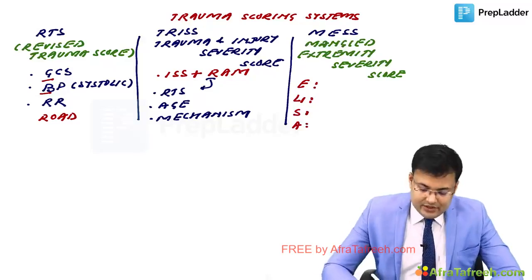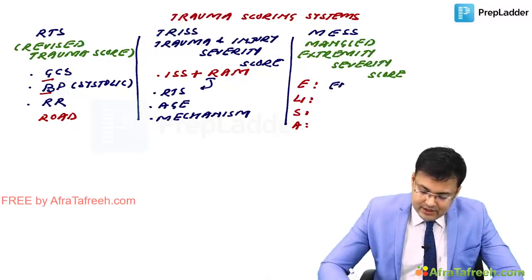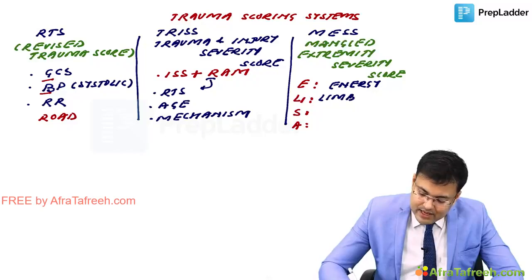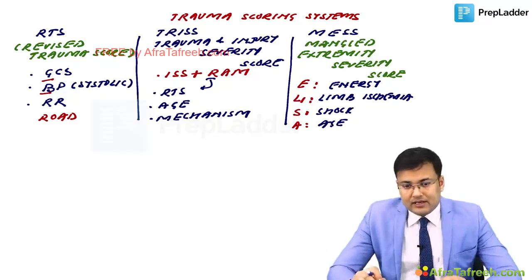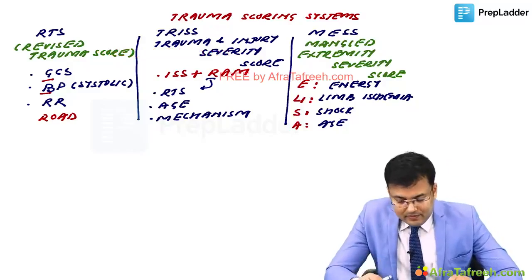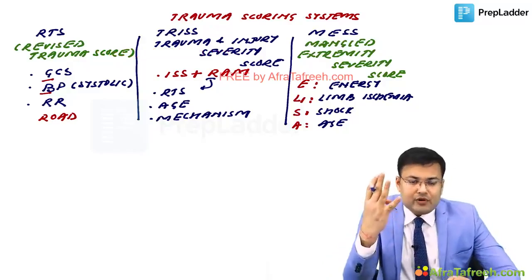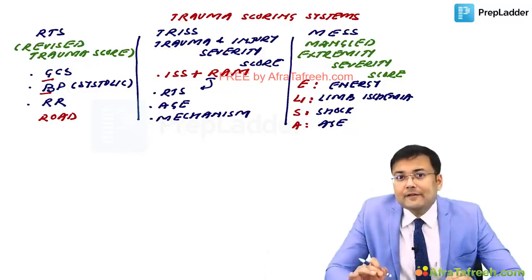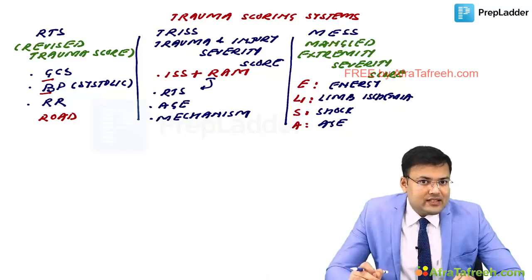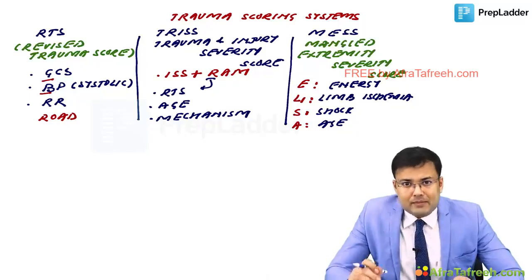E is energy, LI is limb ischemia, S is shock, and A is age. Clear? All these are important, and you can see the scoring systems have 3 or 4 parameters. So these are ideal for MCQs, and that's why these are frequently asked. Since a mnemonic is there, you can easily remember and mark the correct answer.